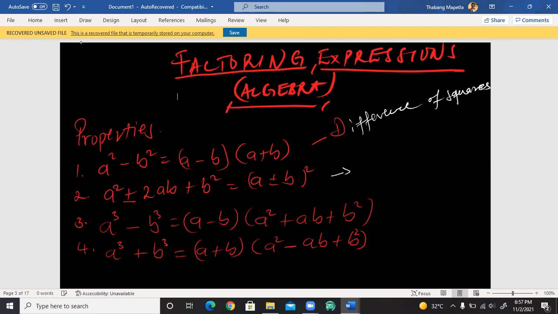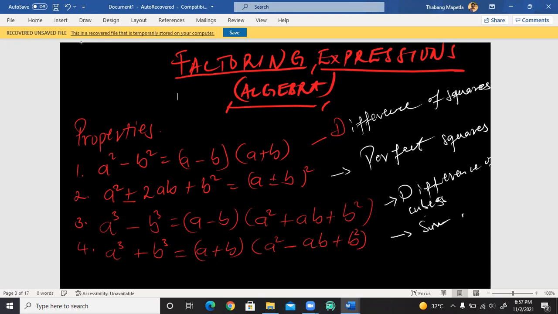And then this one is called a perfect square. And this one here is called a difference of cubes. And then this one is sum of cubes.